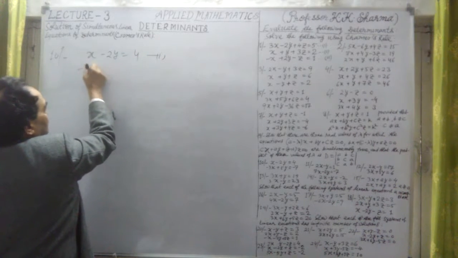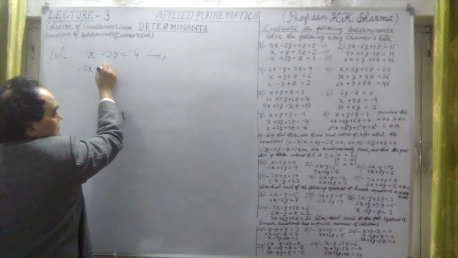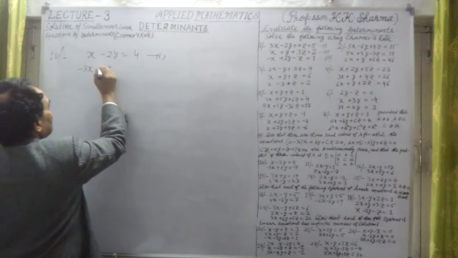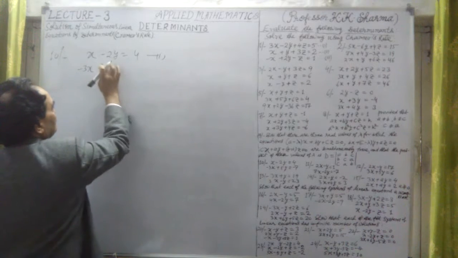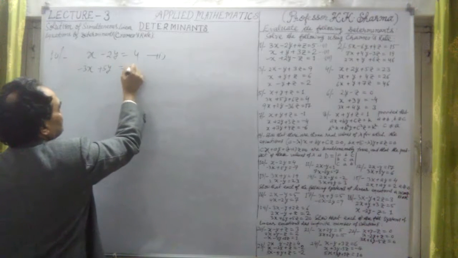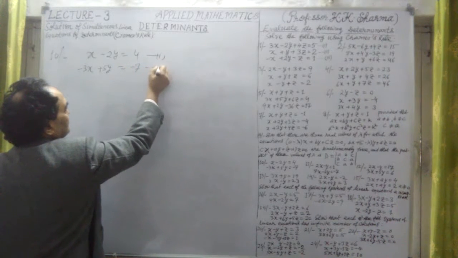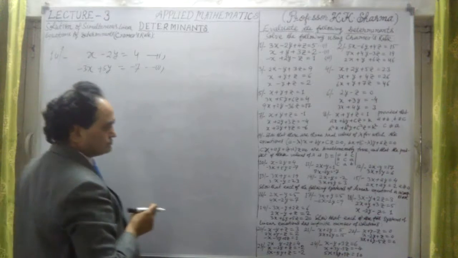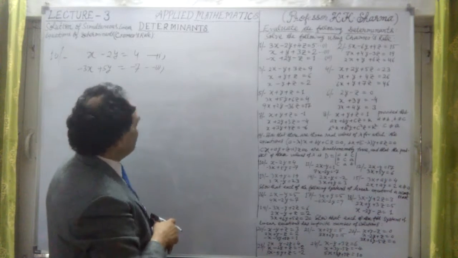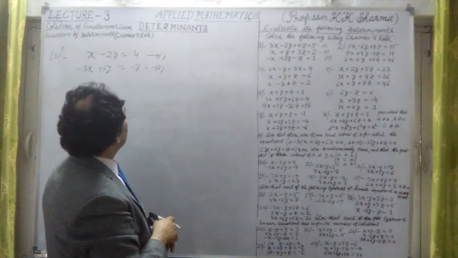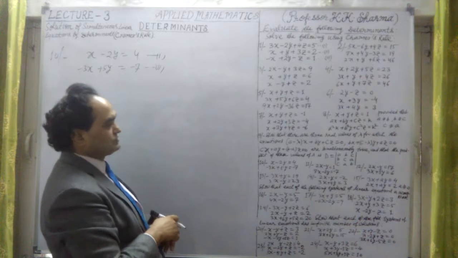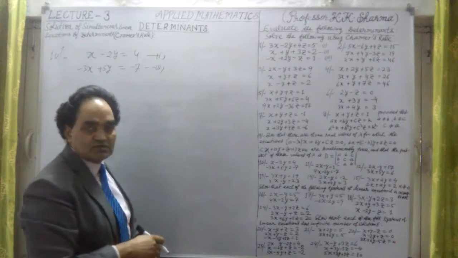With minus 3x plus 5y is equal to minus 7. This is the second equation. This 10th one, minus 3x plus 5y equal to minus 7, and first is x minus 2y equal to 4. Now we have to solve this, find the value of x and y variable.